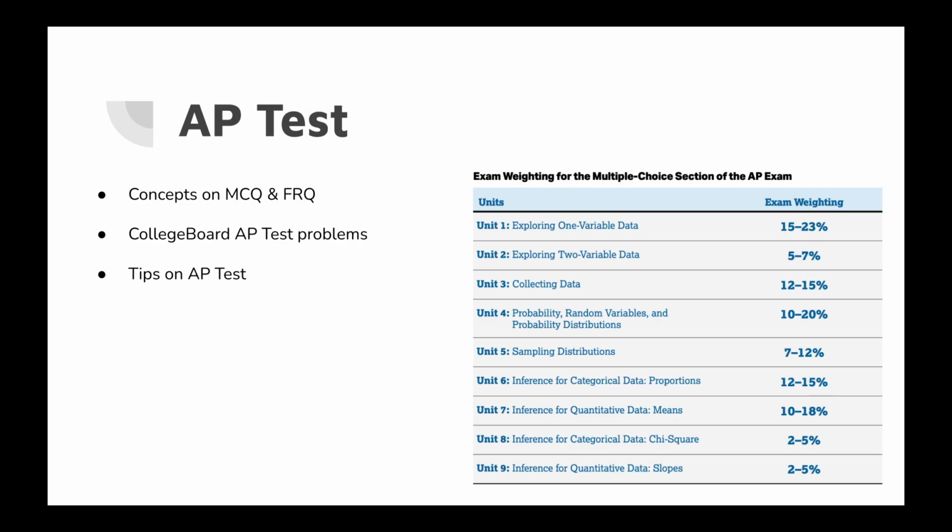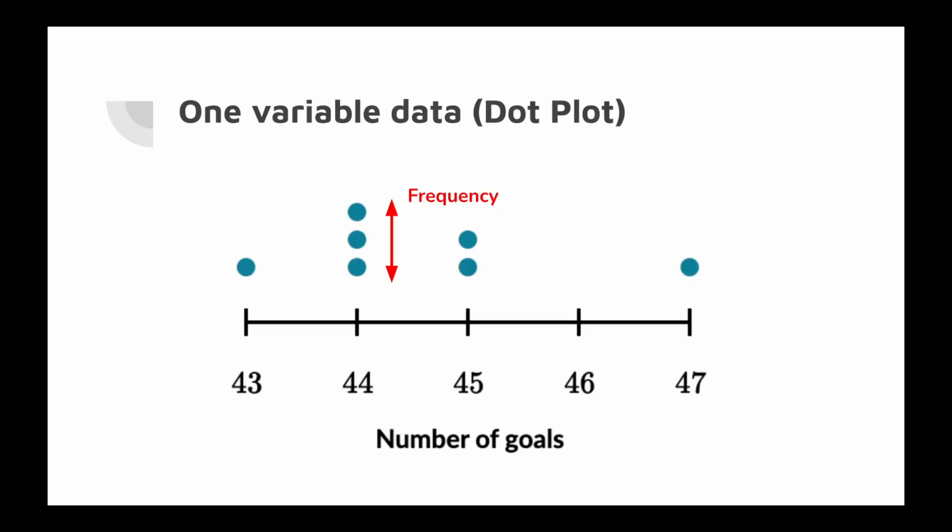Okay, now let's move on to our first lesson, the one variable data. The first method that we can express our one variable data is using a dot plot. Dot plot is a pretty straightforward method to express one variable data.